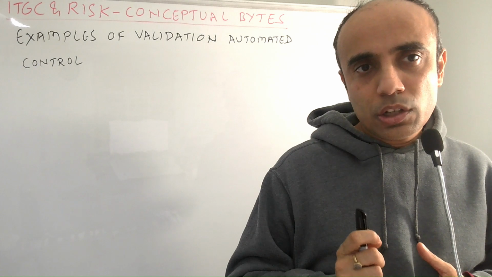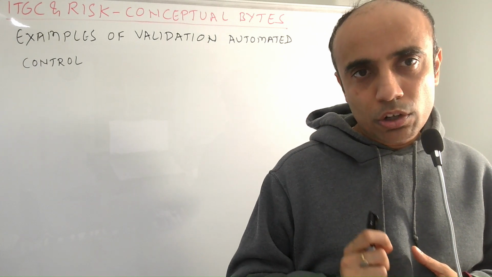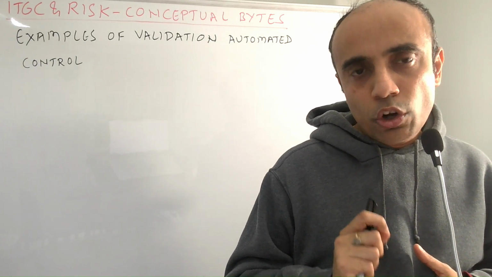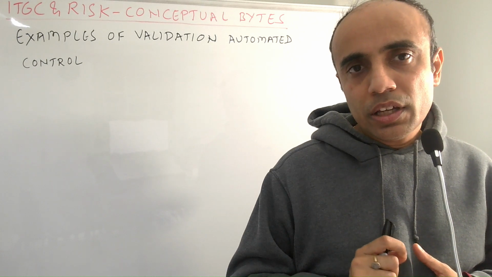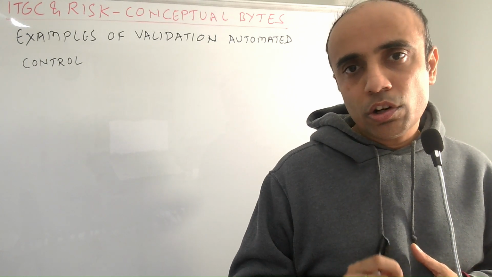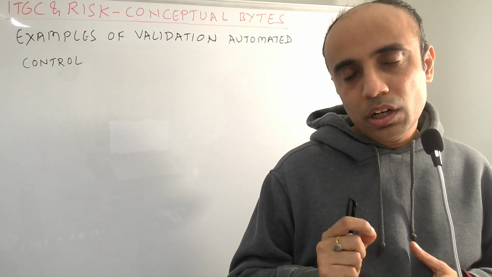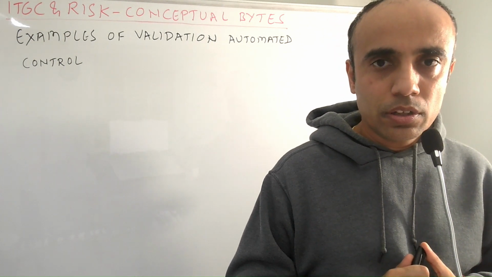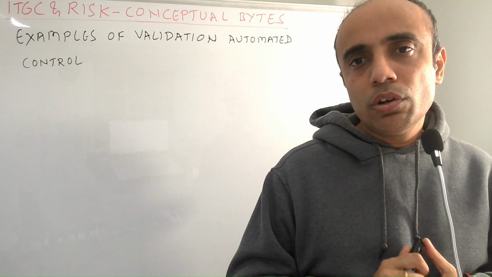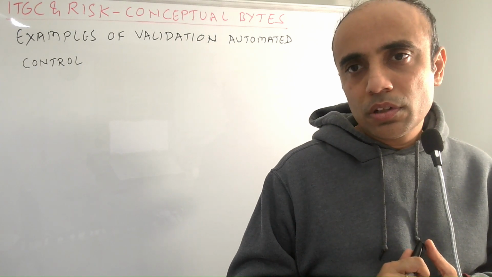So first, a quick recap on what is a validation automated control. Automated controls related to validation of a rule set or criteria. That's what a validation automated control is. Now let us go through few real life examples.